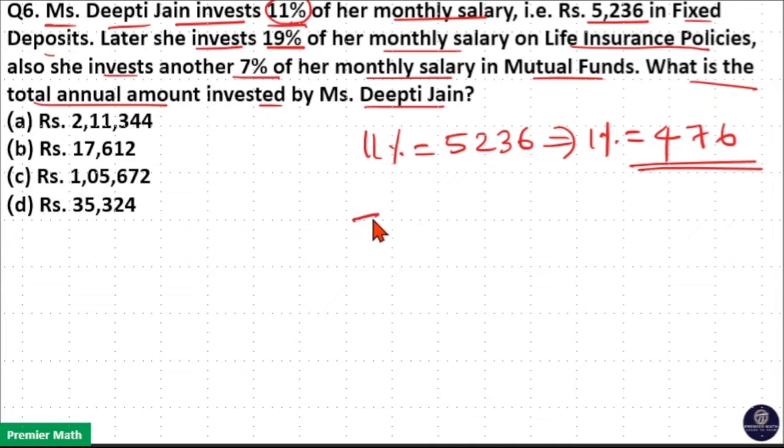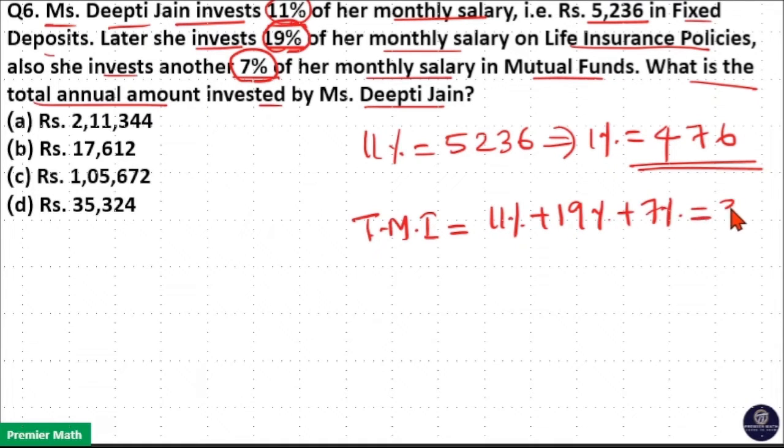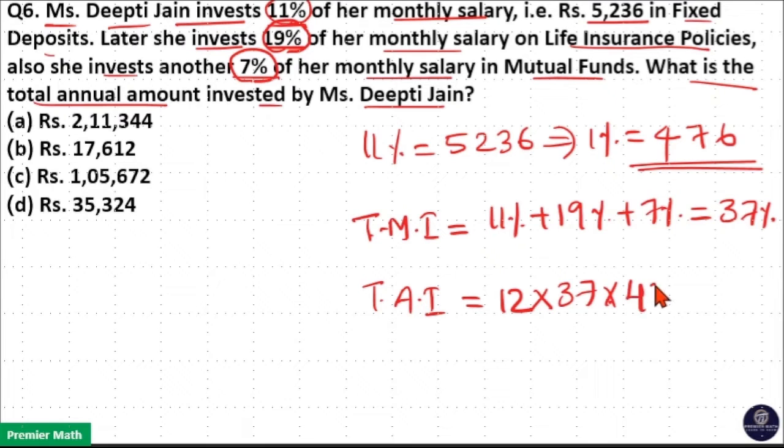Now, total monthly investment made by Deepthi is 11 plus 19 plus 7, which is equal to 37%. Now, total annual investment made by Deepthi is, there are 12 months in a year. So, 12 into 37%. 37% means 37 into 476. Because if 1% is 476, 37% is 37 into 476.